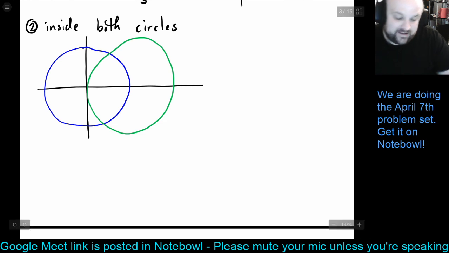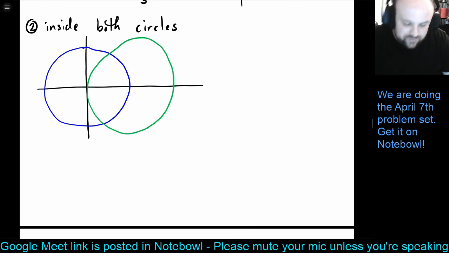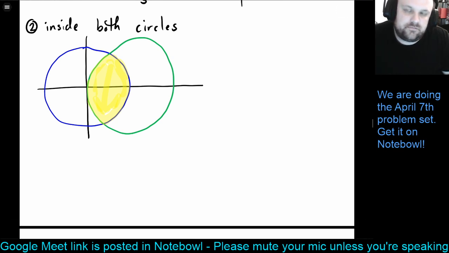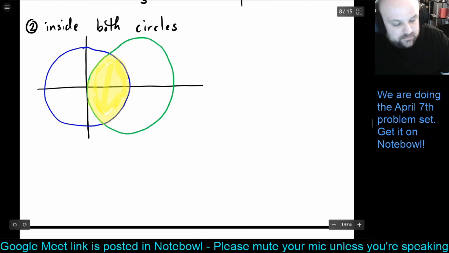I'm really bad at getting nice circles on this. Anyway, doesn't matter. So the region we're looking for the area of is this stuff in here. Now this does get a bit trickier this time. I want to think about what's the inside and what's the outside here.